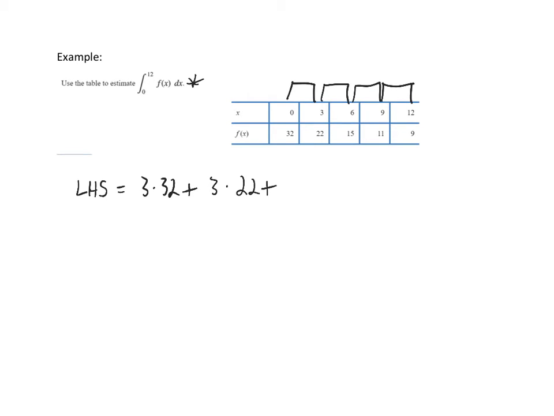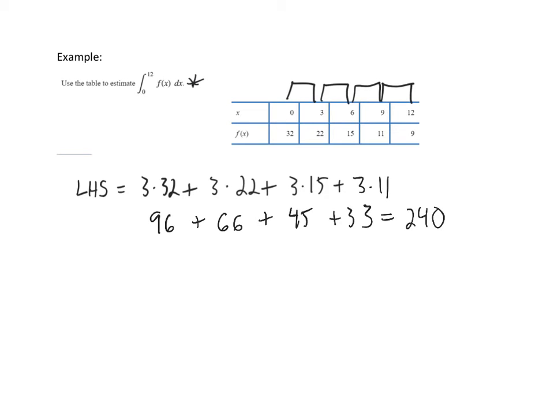From 6 to 9, 3 times the left-hand number is 15. And from 9 to 12 would be 3 times 11. So we have 96 plus 66 plus 45 plus 33 equals 240. And that's actually an overestimate.